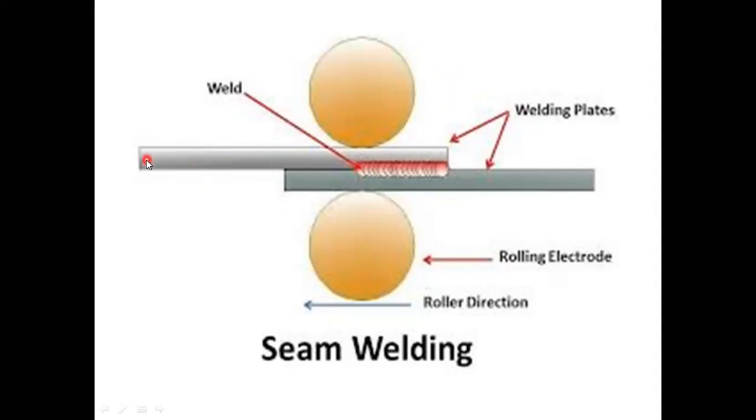So what happens? These joints are coming from this side to this side. It's not only one spot that is created; more than one, throughout the line, spots are created. So the two plates are joined in a line, not one spot.